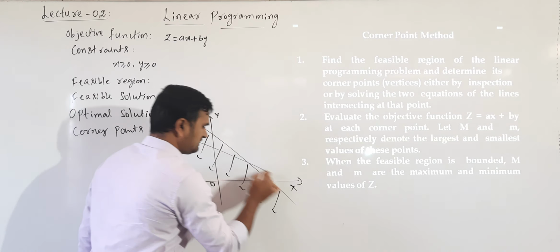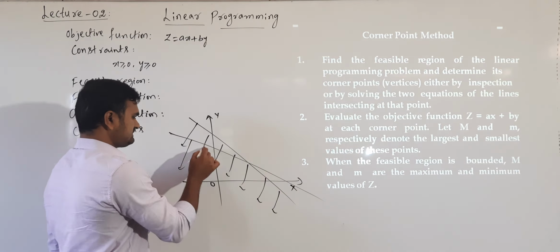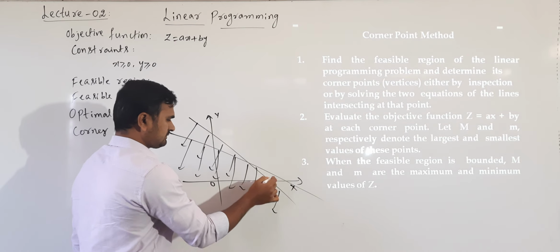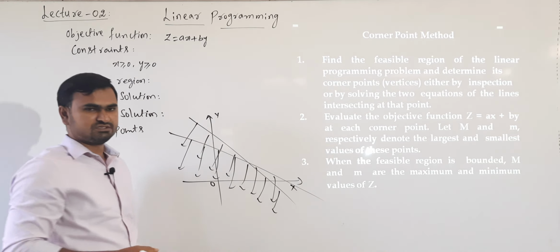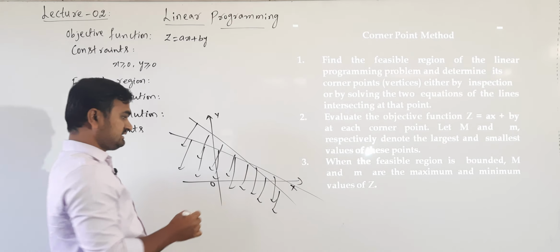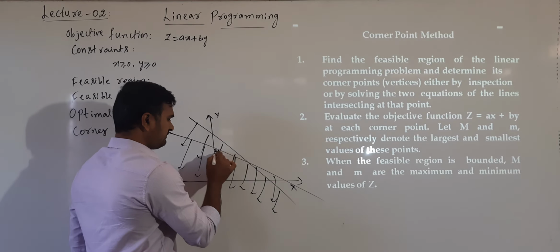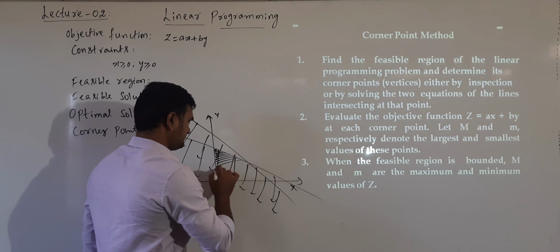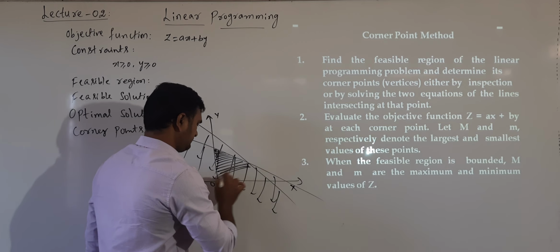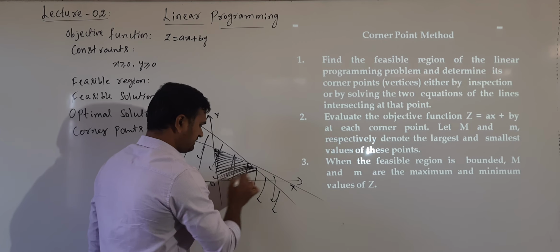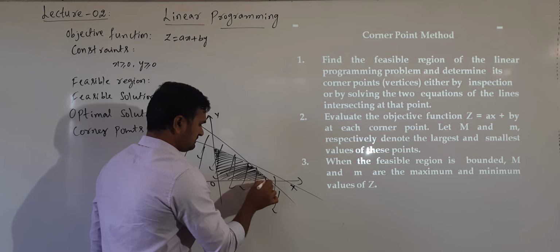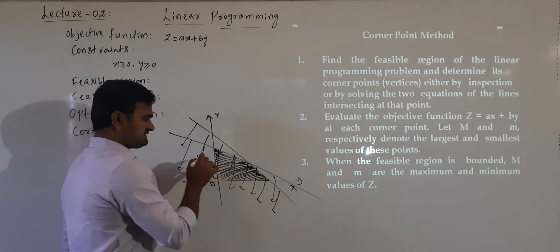Suppose another inequality is below the second line, and x ≥ 0, y ≥ 0 means the solution region is in the first quadrant. We shade the common region satisfied by all the inequalities or constraints, which is called the feasible region.